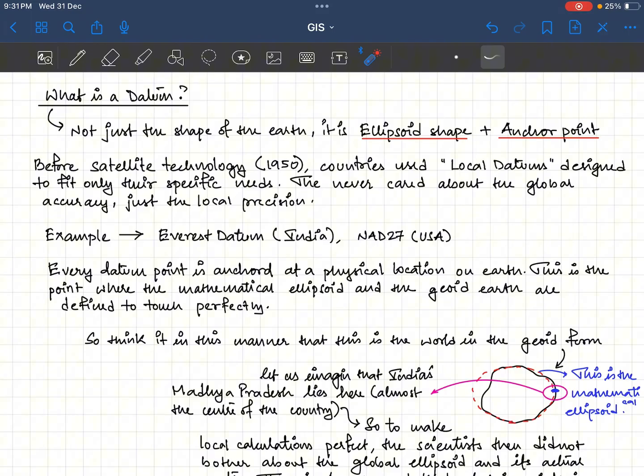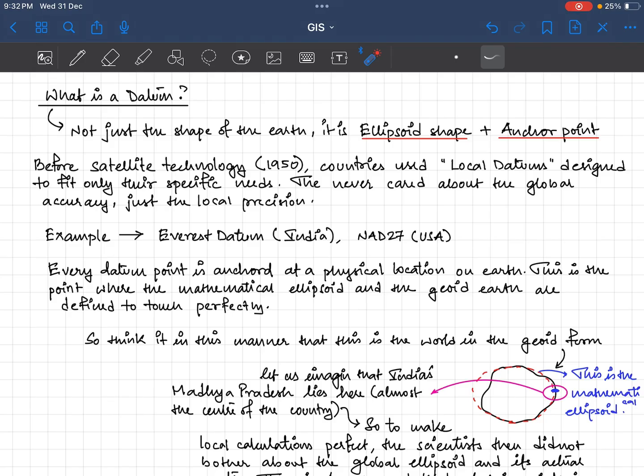Before the satellite technologies' mature phase, for example, before the 1950s, countries used local datums, and these were designed to fit only their specific needs. And they honestly never cared about precision globally, rather they cared about local precision.